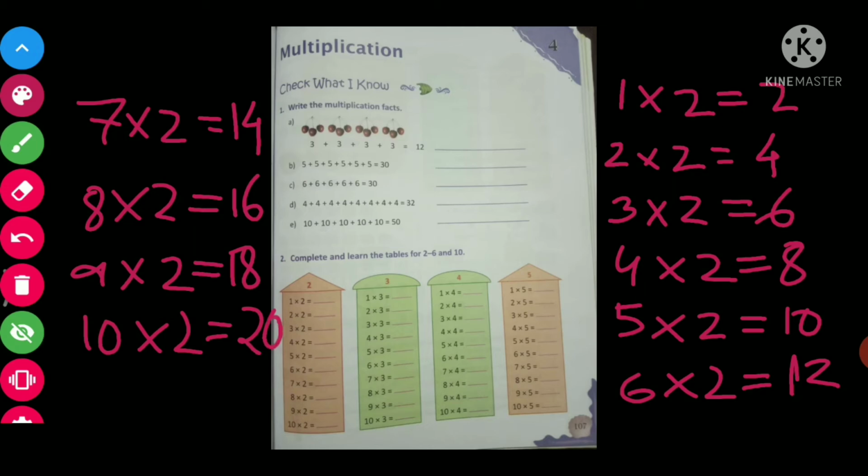This is the table of 2. You just write the answers in your book.